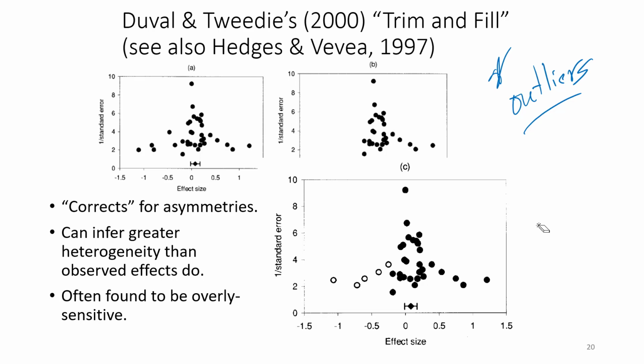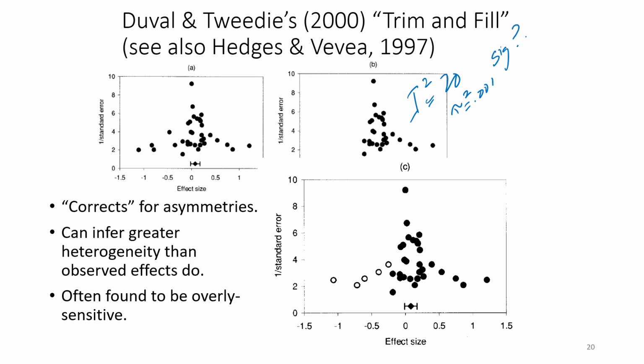But okay, two points here. One of these vexing problems of publication bias is, like, imagine distribution B. It might have I squared equals 20 or something. And I don't know what it actually is here, and tau squared might be close to 0. Is that significant? Okay, you can do the test for Q and so on and find out, okay?